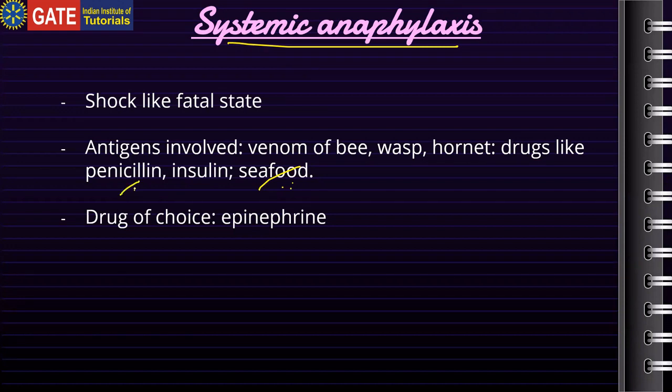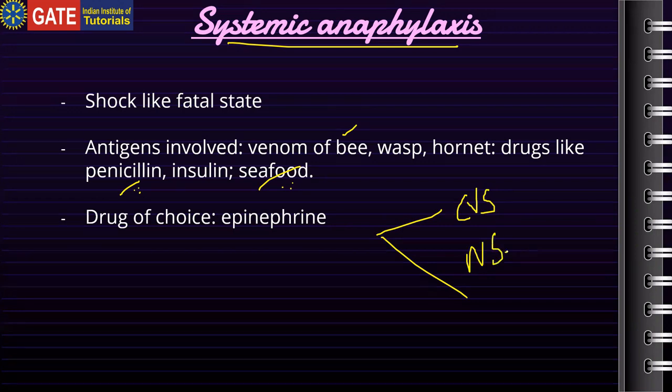Some people, especially pregnant women, are extremely sensitive or allergic to penicillin. So that's why, for pregnant women, they always give an alternative drug instead of penicillin. And take the example of the venom of a bee or a snake venom. Snake venom's specialty is what, friends? It will block the cardiovascular system. It will block the nervous system.